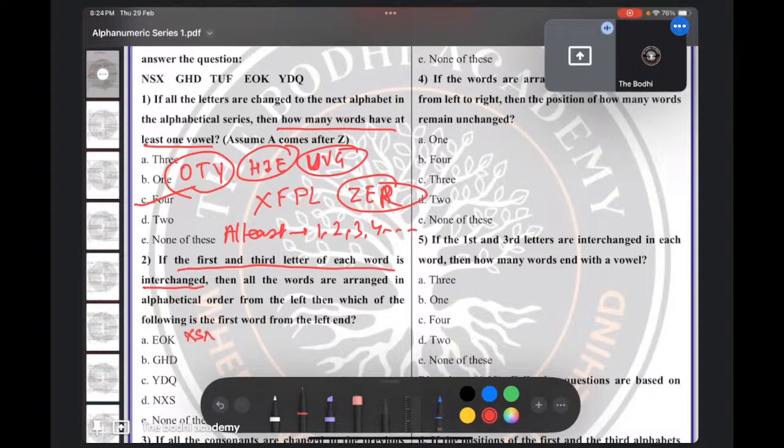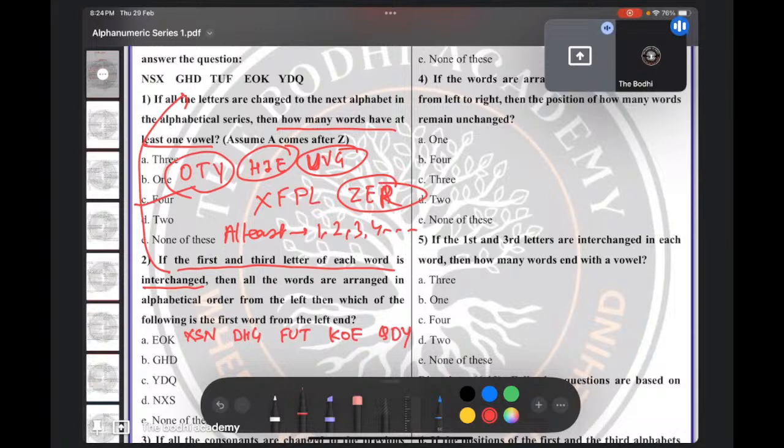X, S, N. All the operations will be on the main question, not the question number 1. X, S, N. Then it becomes D, H, G. Then F, U, T. Now K, O, E. And then at the last Q, D, Y. So this is the new series.